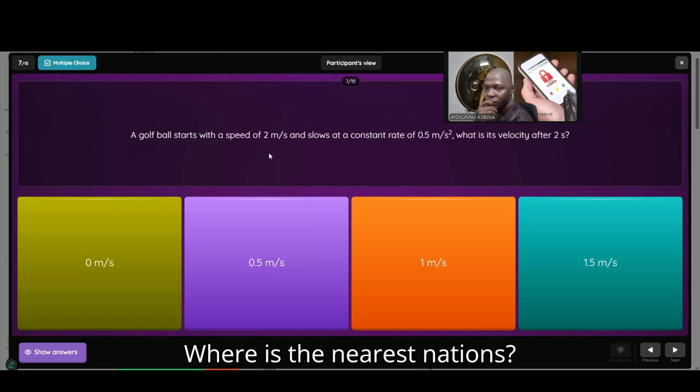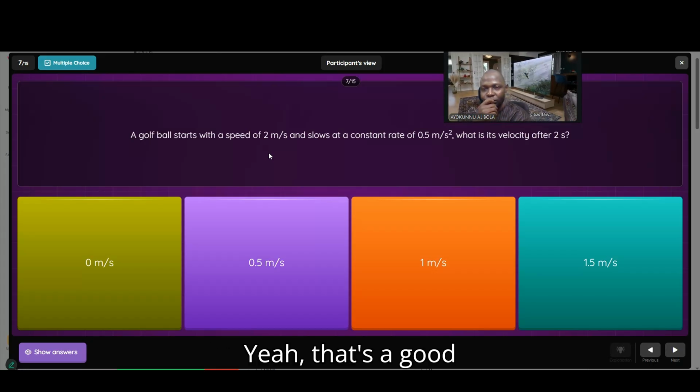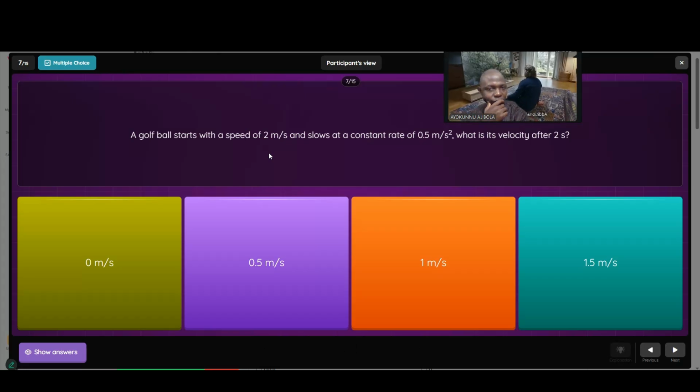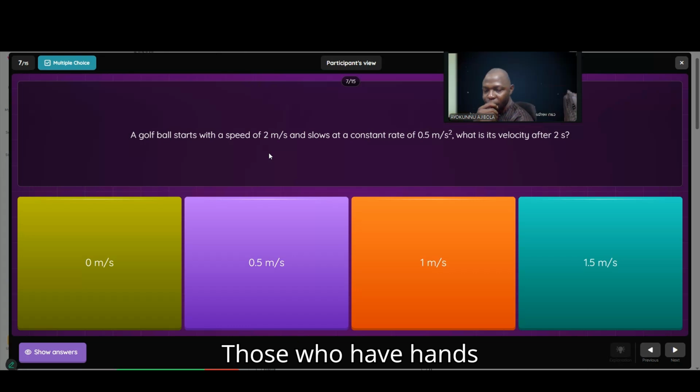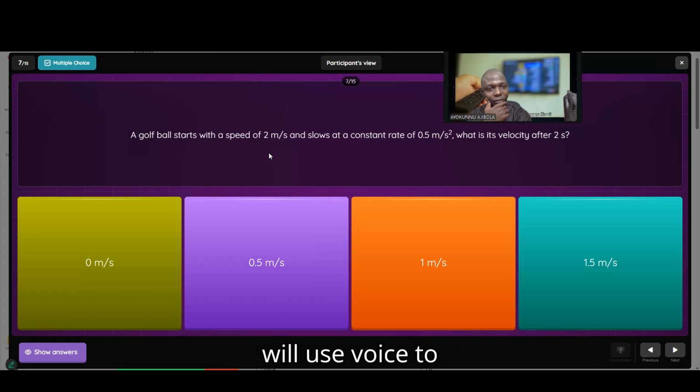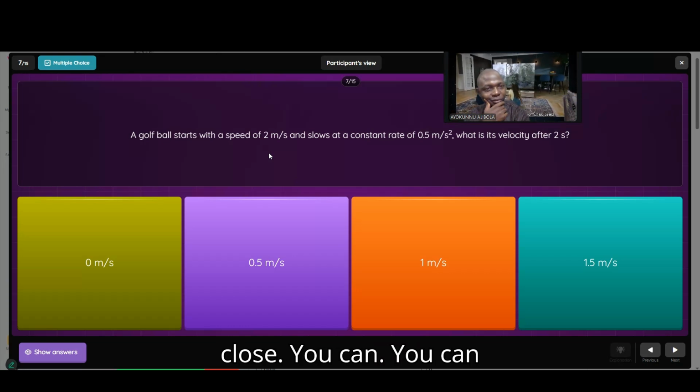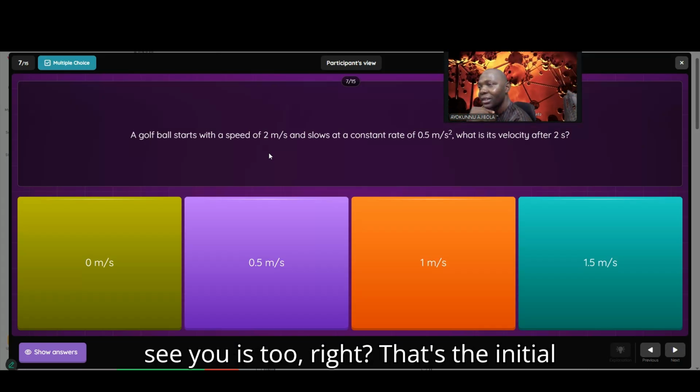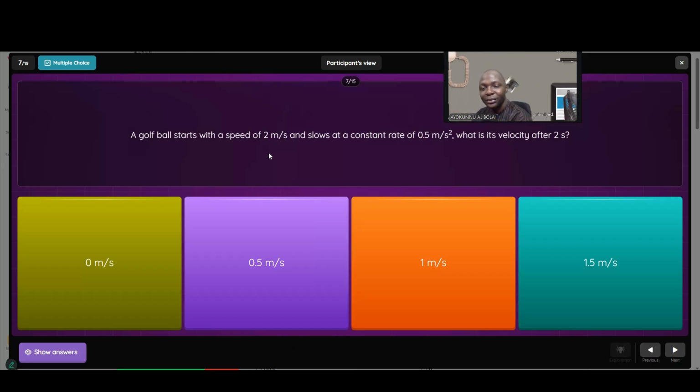The solution is 0.5 times, wait, U is what? You can say U is 2, right? That's the initial velocity.